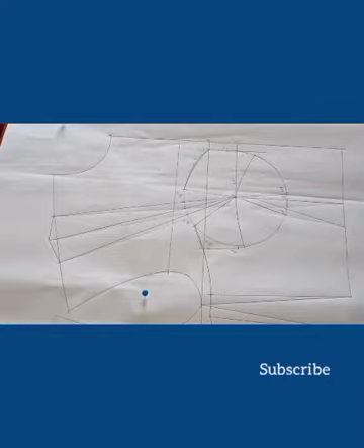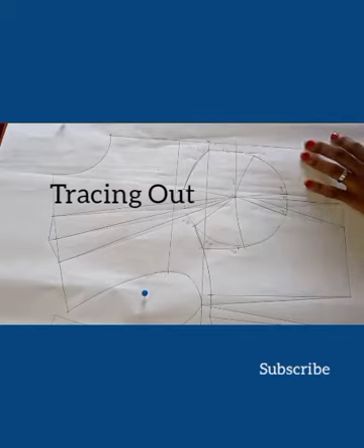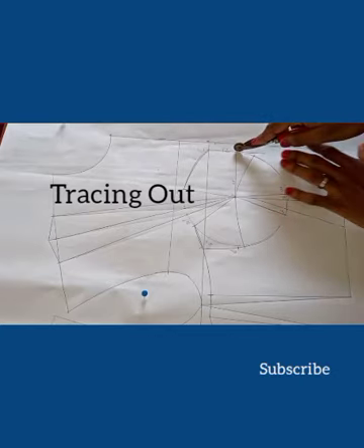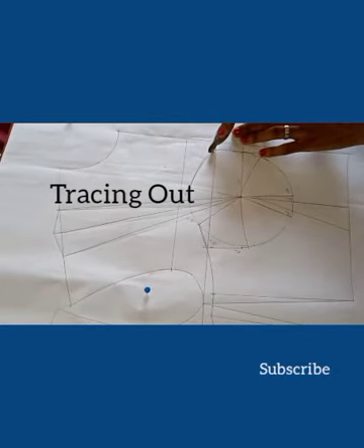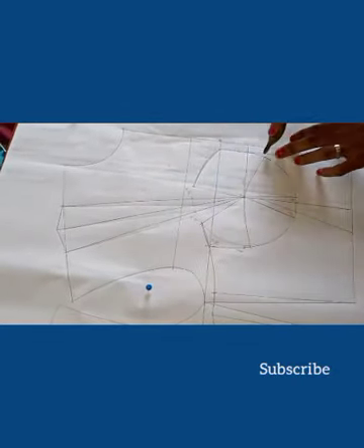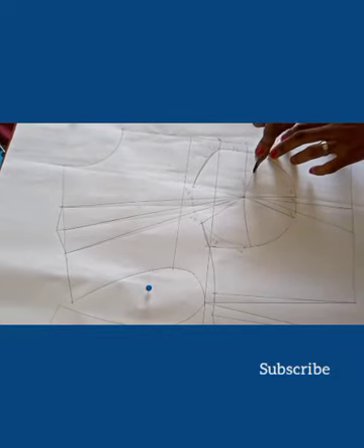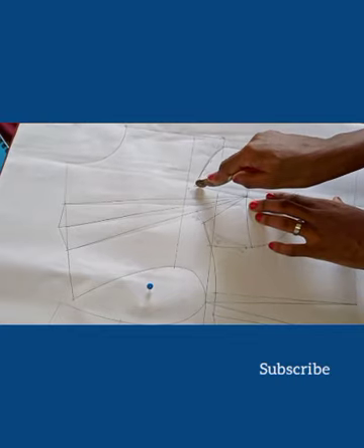Tracing your pattern block is very easy if you follow the instructions. And for this course, I'll be tracing out my corset cords in this direction. I'm following lines which is needed. Very simple.